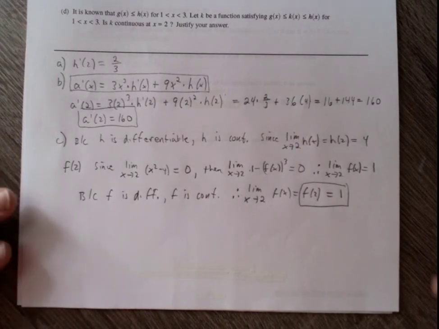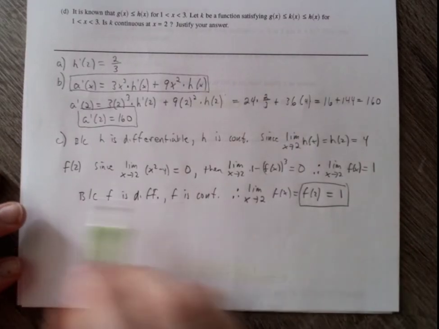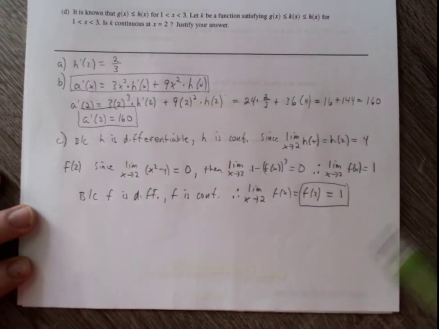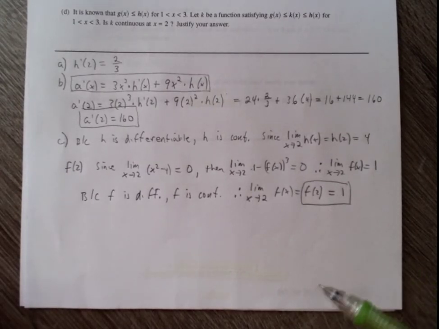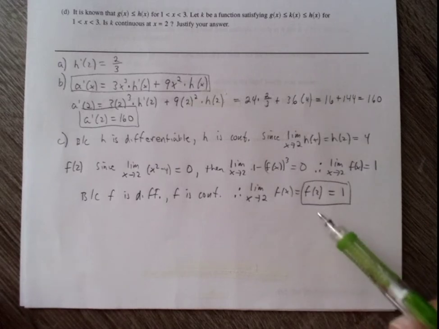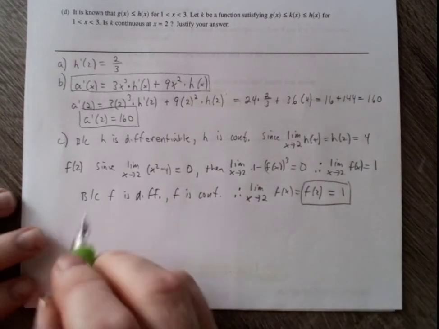That's really a lot of theory and understanding about a limit and how limits work. But being differentiable implies it's continuous, and so if it's continuous, it means that the limit equals the point.